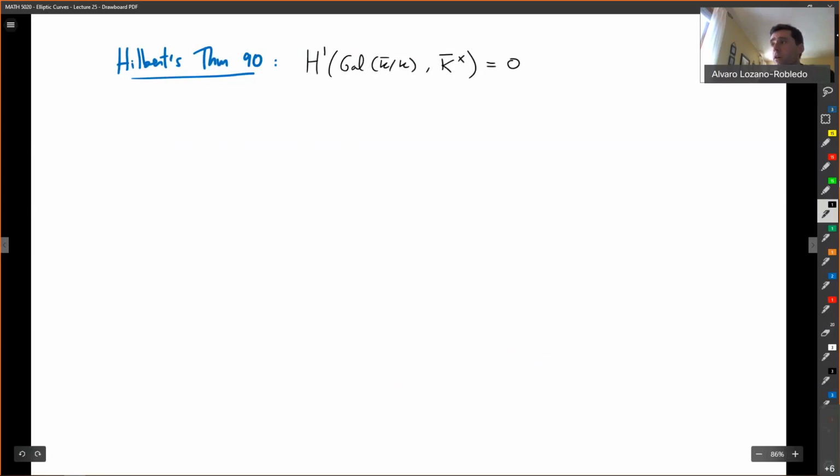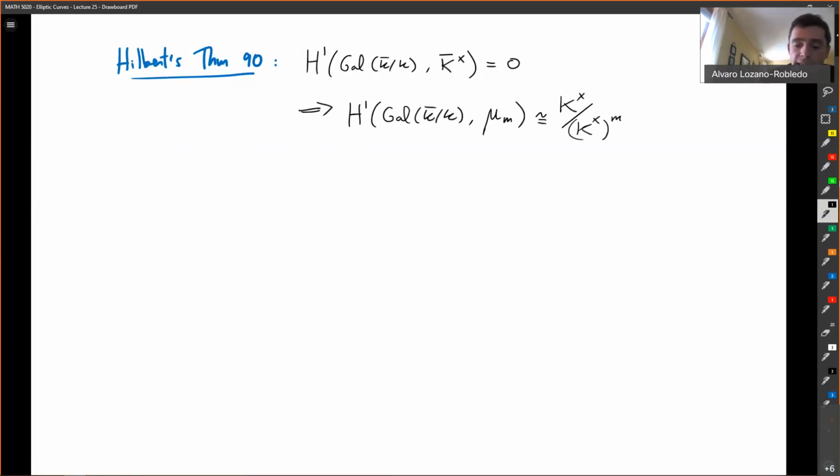And in particular, it tells you, and we proved this in the video, that H1 of the Galois group acting on mth roots of unity is isomorphic to K cross modulo K cross to the mth power. But in here, if we assume that the m-torsion is defined over K, then it is also true.